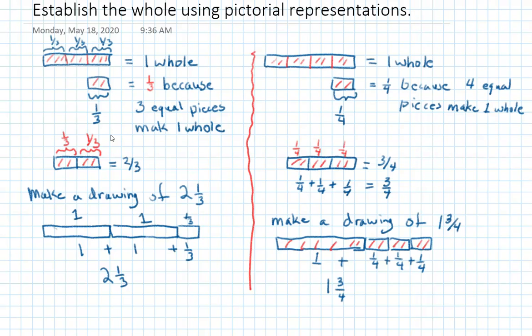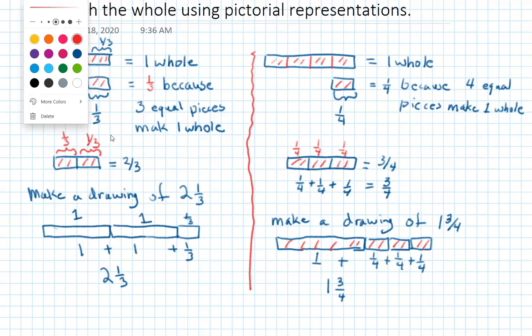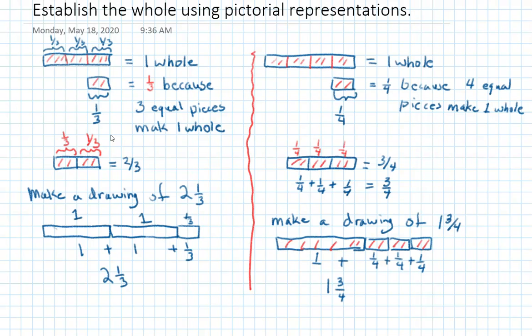All right, let me stop here for a moment and make some important comments that I think are really critical to understand what we're doing. First of all, we want to establish what value is a whole. On this side, 1 whole was equal to 6 squares. But on this side over here, 1 whole was equal to 8 squares.